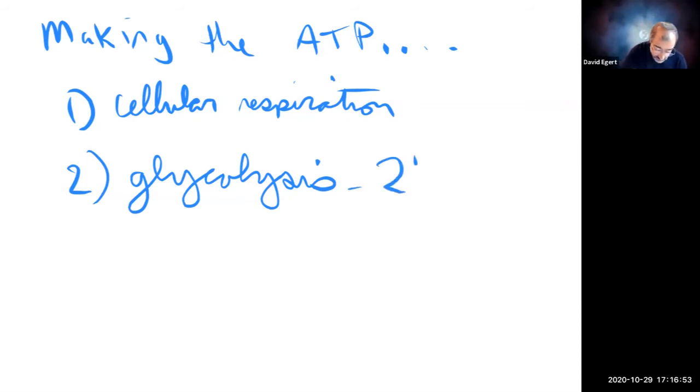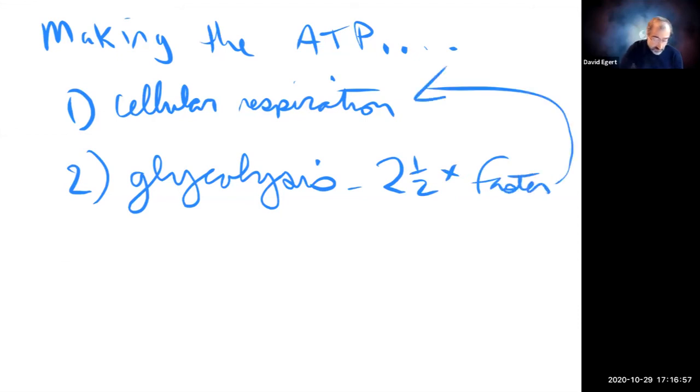This is about 2.5 times faster. If we're looking at ATP per second, how many ATP per second are you getting in the cell that you can actually use? If you just stop at glycolysis and just use the ATP directly right there and forget about the rest, it's way faster than cellular respiration. You know, the downside is you're going to build up lactic acid.